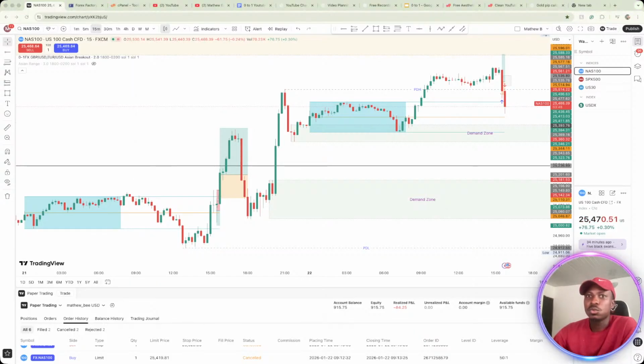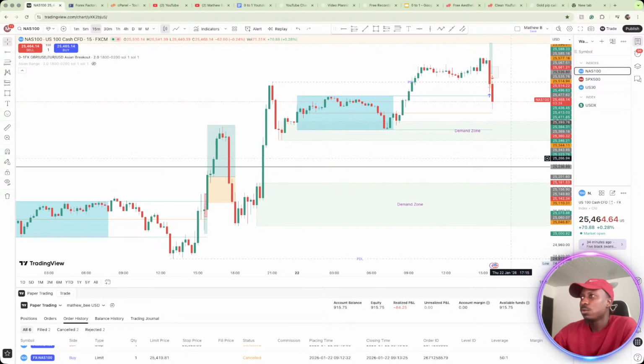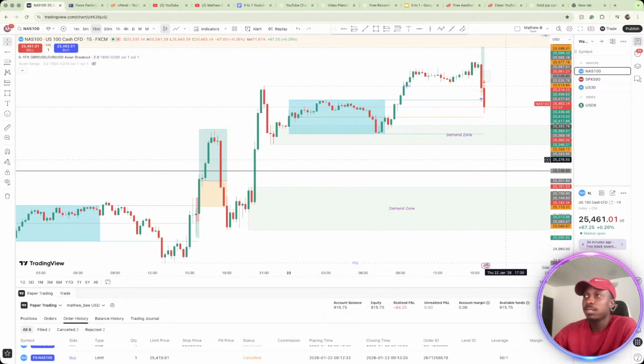NASDAQ tends to go a lot faster in the sell direction than in the buy direction, but don't take my word for that alone. Let's give it about 15 minutes and see what happens. We're just going to wait and see what the price does.